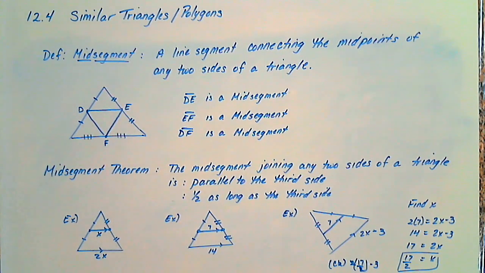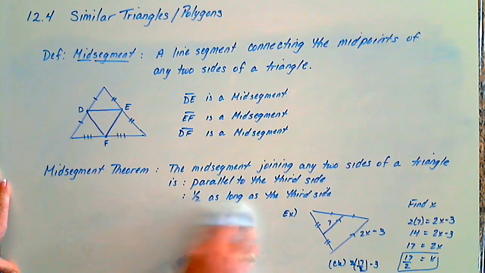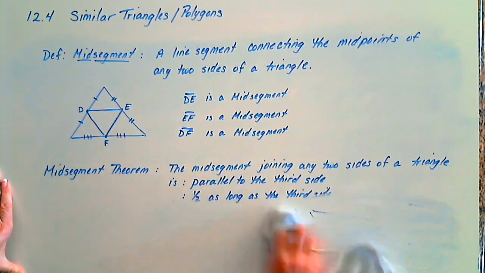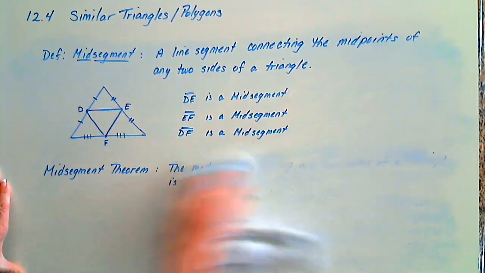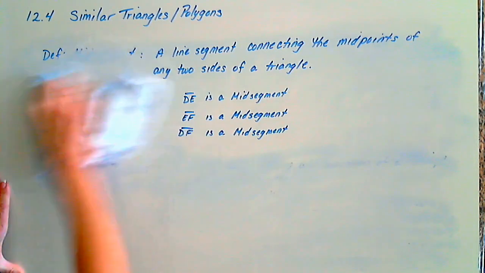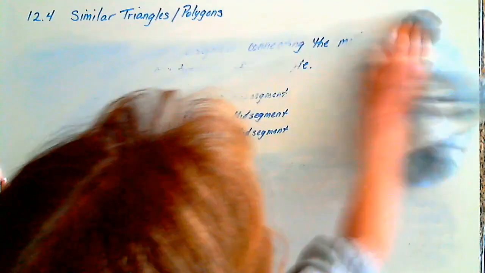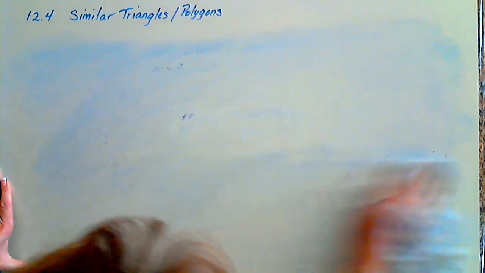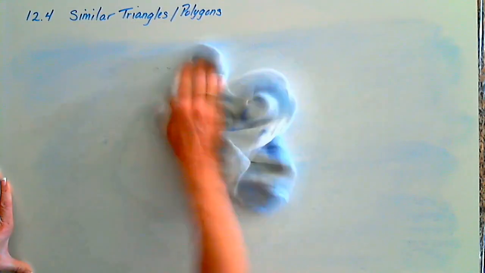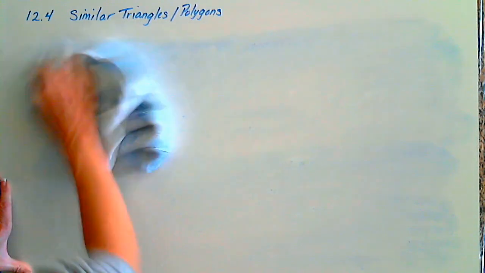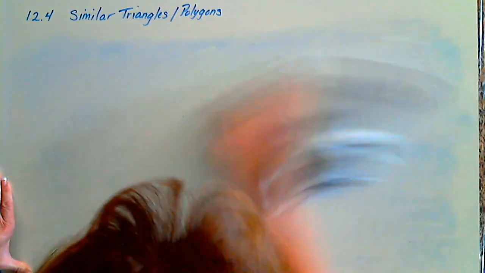Okay. So we've now talked about some of the applications of similar triangles. Let's take a look at how you prove triangles are similar. Just like congruence theorems, we have some theorems for similarity.